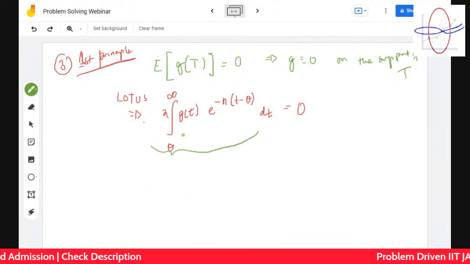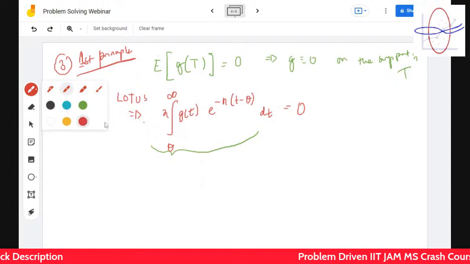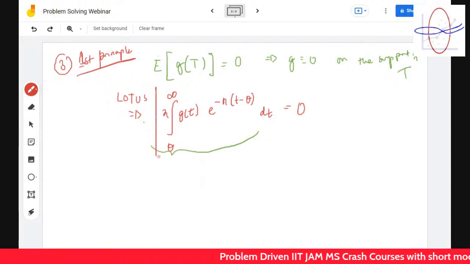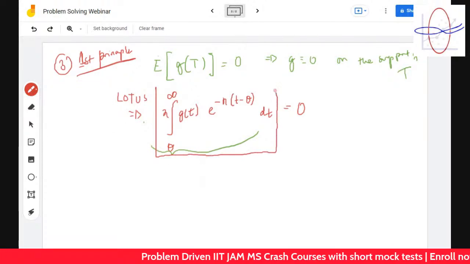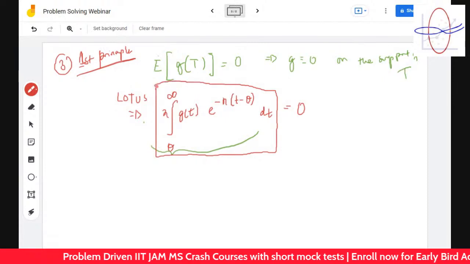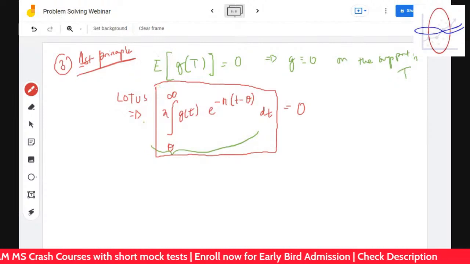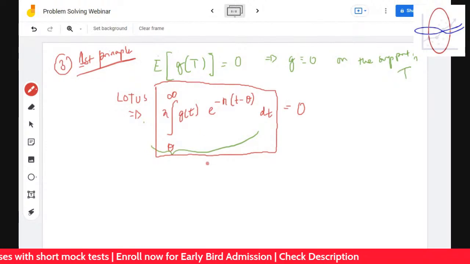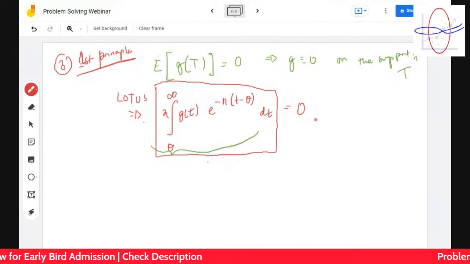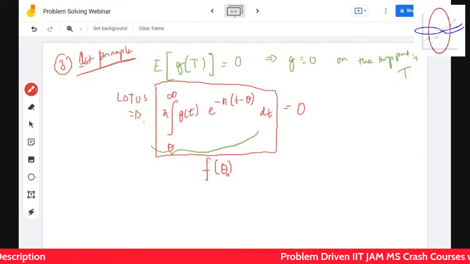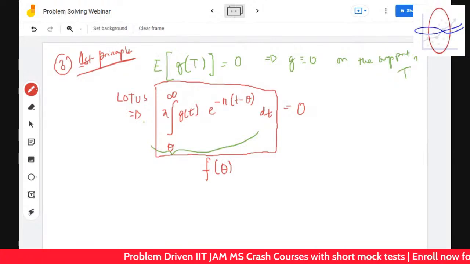So the idea is that if you just compute without this, let's not take it equal to 0, this is a function of theta, right?